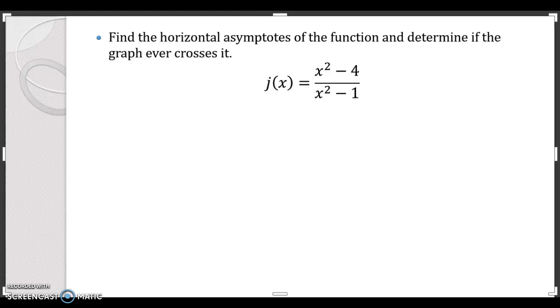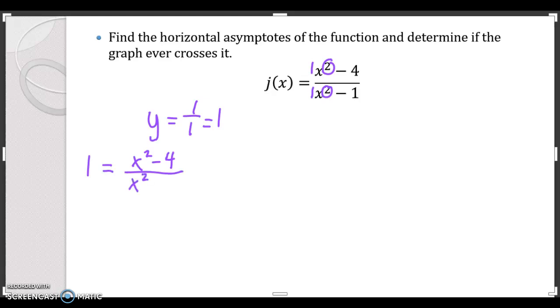On this one, we have the same degree, so the horizontal asymptote is going to happen at 1 over 1, which is just 1. So in order to find if this crosses the horizontal asymptote, let's let our y value, or our output, be equal to our function, and then we find the x value where that happens.